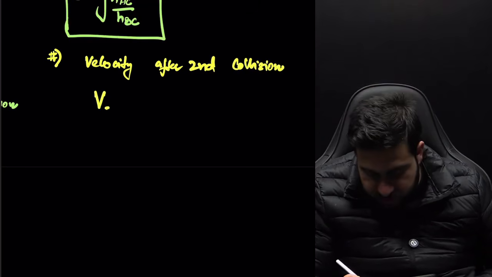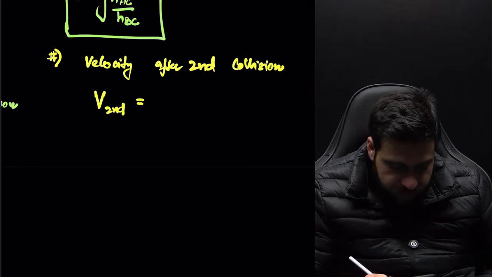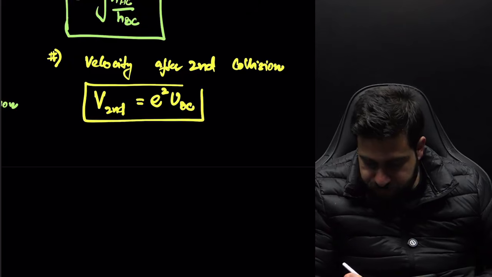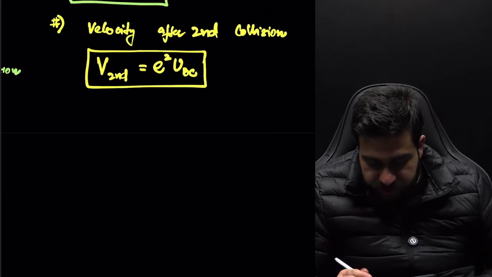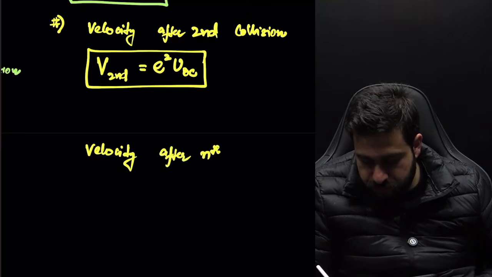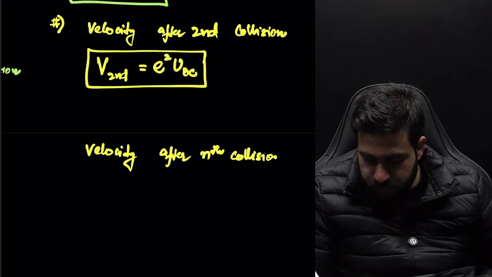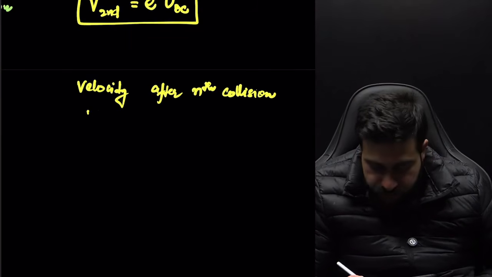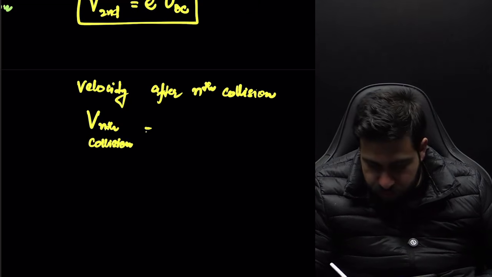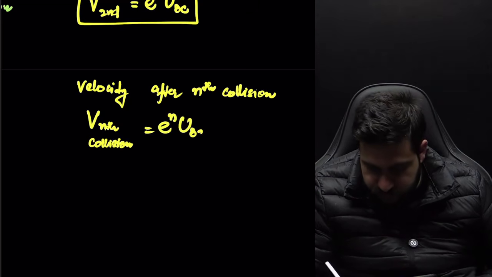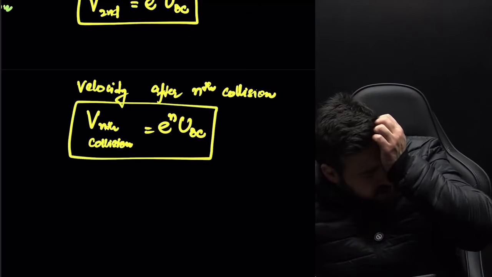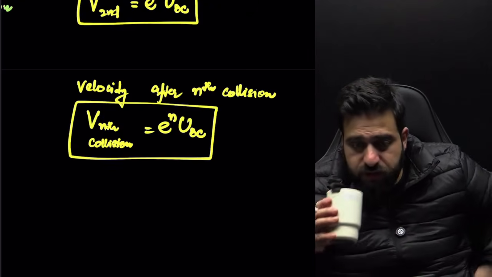You'll simply say, sir, the velocity after the second collision is E raised power 2 UBC. And if I say the velocity after the nth collision, let's suppose it is doing n collisions with the ground, it is going to be E raised power n UBC, that is velocity before collision. So n can be anything. If somebody asks what the velocity is after the fifth collision, put the value of n equal to 5.